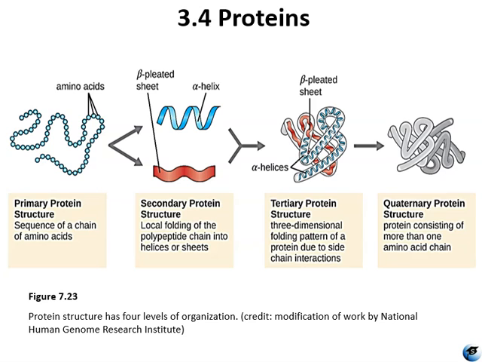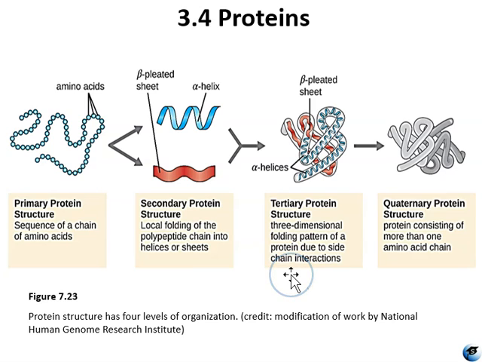Finally, this is a summary of the 4 levels of protein structure. Here's the primary structure that you just saw, the sequence of amino acids. Secondary structure is when the primary structure has begun folding, and it exists either in sheets or in helices.